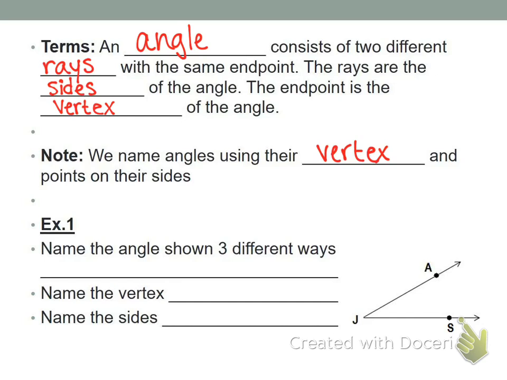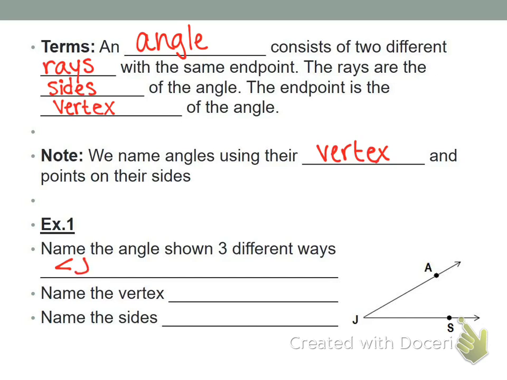Example 1 asks us to name this angle 3 different ways. Since we haven't talked about it yet, I'm going to tell you those 3 different ways. First way is to name it just using the vertex. We do use a little angle symbol out in front of it. So, angle, what's my vertex?